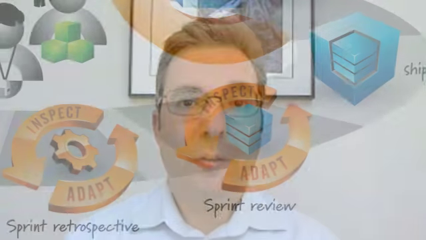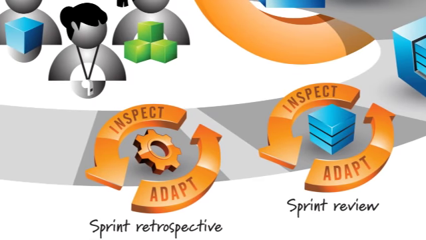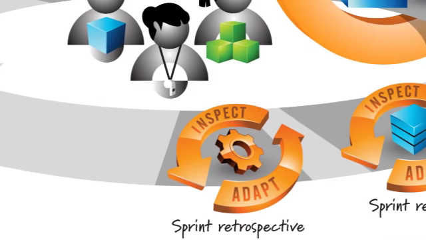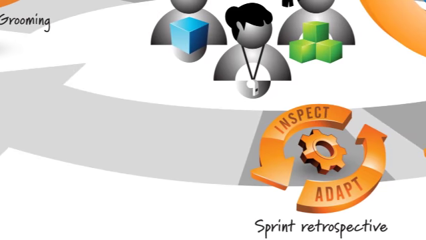And in attendance at that activity would be stakeholders who have an opportunity every sprint to review the work and provide guidance. That's immediately followed by the last activity, the sprint retrospective, which is the inspect and adapt on the process. So if the review is the inspect and adapt on the product, the retrospective is the inspect and adapt on the process. This is where the Scrum team members come together with the intent of trying to figure out how to do Scrum better in the next sprint.